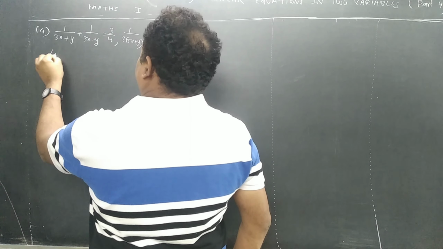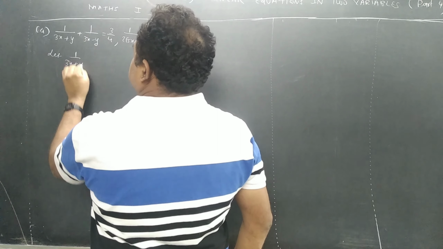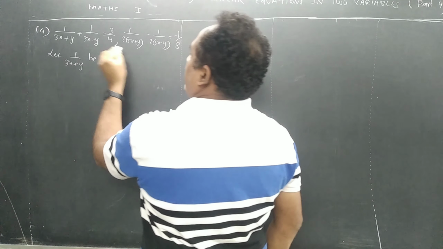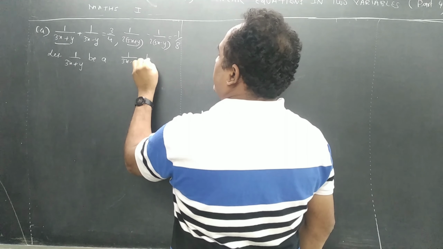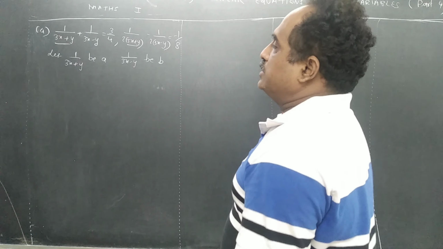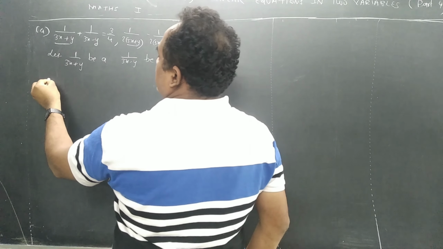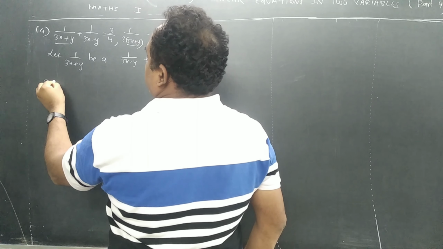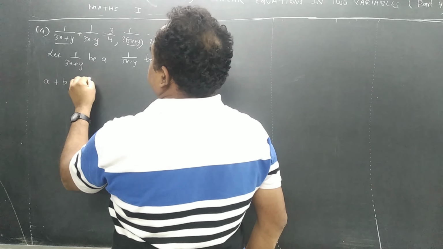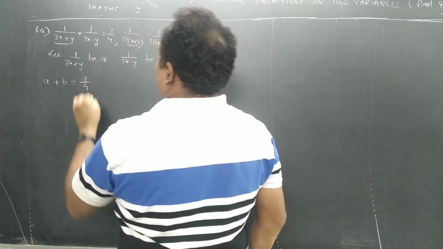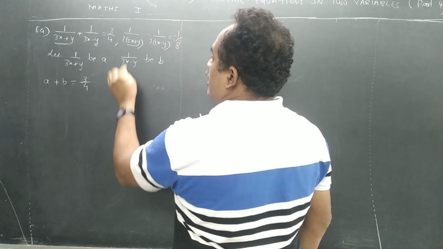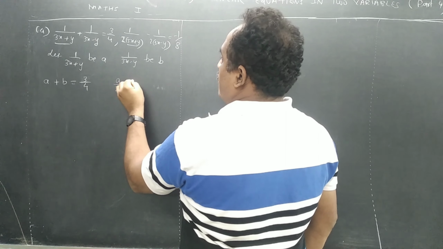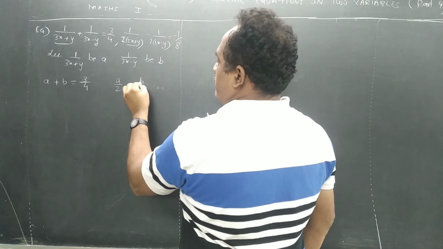So for this question, what I will do is let 1 upon 3x plus y be a, and 1 upon 3x minus y be b. So what is happening over here? a plus b is equal to 3 upon 4, and over here this becomes a by 2, just see 2 is there, minus b by 2 is equal to minus 1 upon 8.